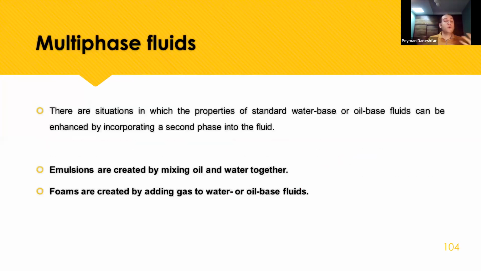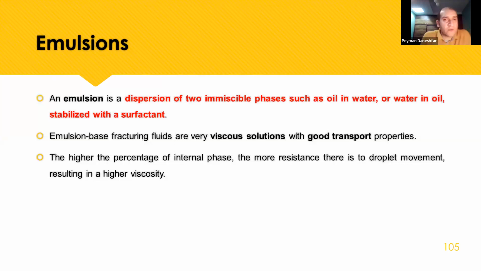Another one is the multi-phase fracturing fluid, which covers emulsions and foams. Emulsion is like mixing oil and water together. Foam means creating or adding gas to water or oil-based fluid. For example, an emulsion is a dispersion of two immiscible phases such as oil in water or water in oil, stabilized with surfactant.